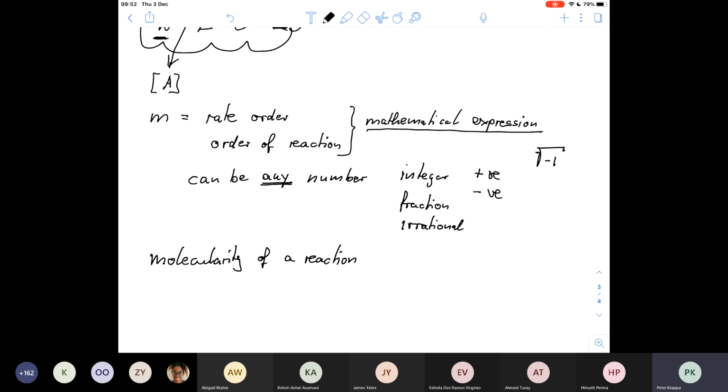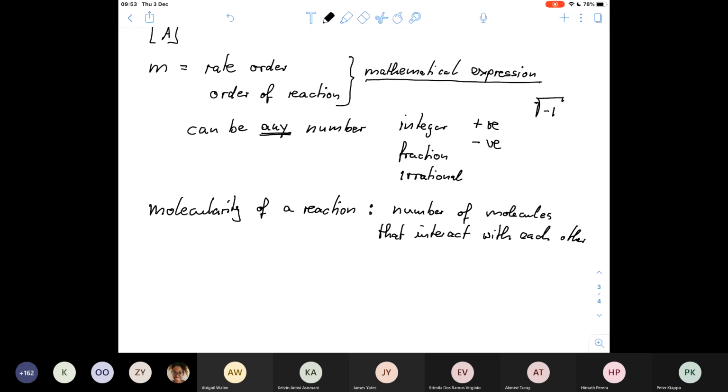And by that, molecularity of a reaction is defined as the number of molecules that interact with each other in a certain step.